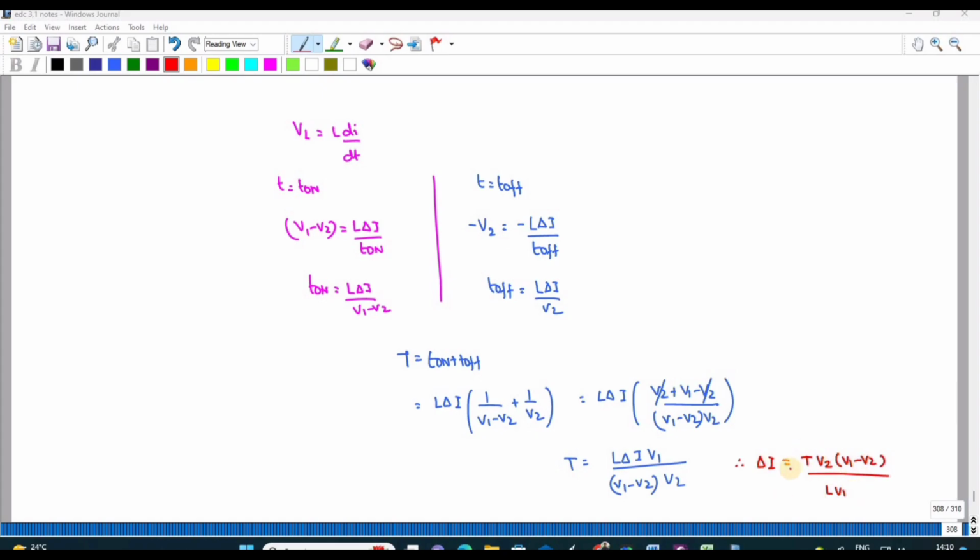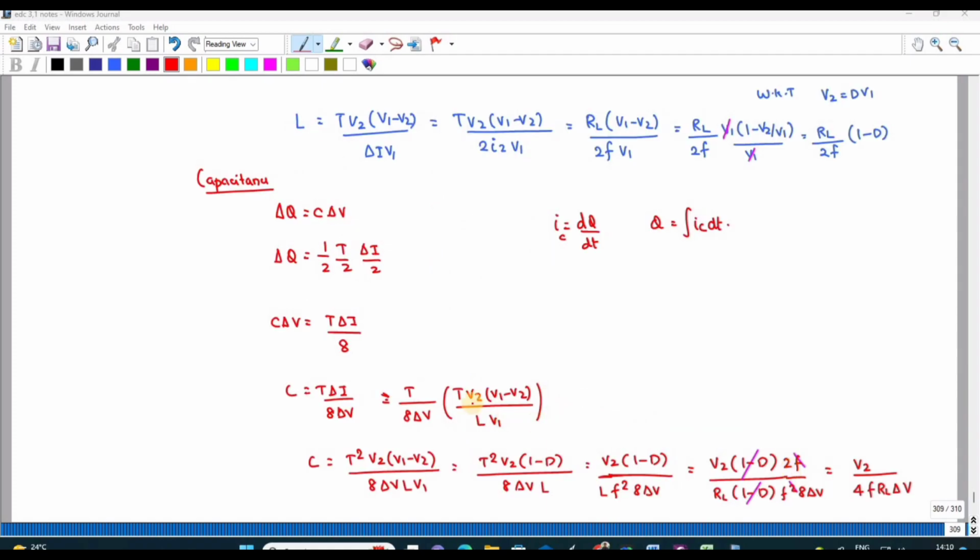I substitute this value here. If I substitute the value, I will get C is equal to T square V2 (V1 minus V2) divided by 8 del V L into V1. In V1 minus V2 I can take V1 common, and I will get 1 minus V2 divided by V1. V2 by V1 is D, so V1 and V1 get cancelled out.